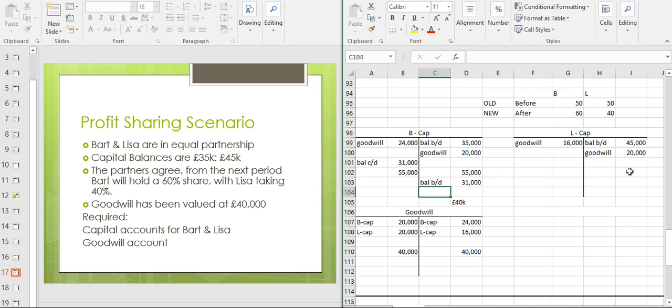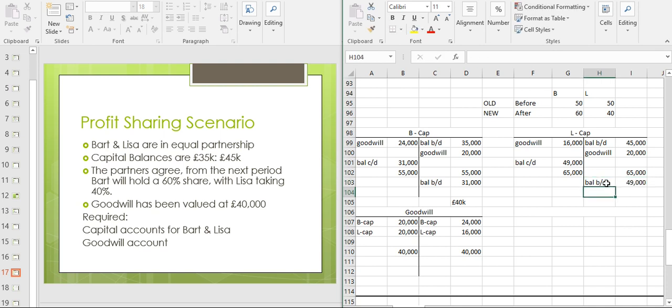Lisa, 65, take it across, and difference above, which is 49. And my balance brought forward 49.